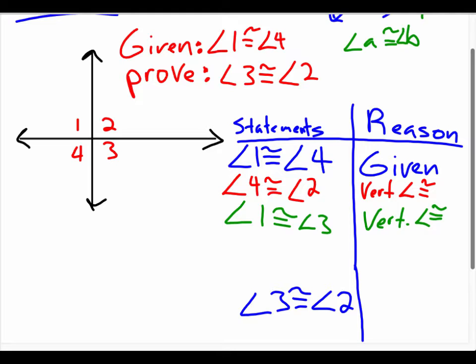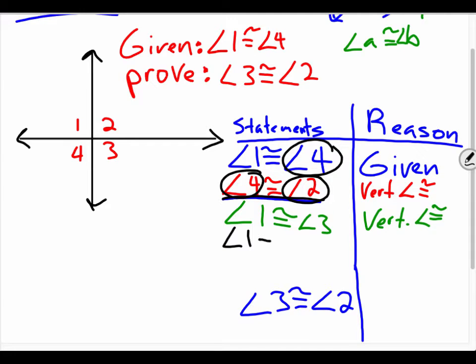I did it a little different than the way the book does it. So let me point something out. If angle 4 is congruent to angle 2, and I have angle 1 is congruent to angle 4, but angle 4 is congruent to angle 2, what could I say? They're all congruent.